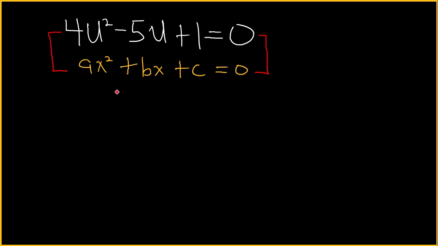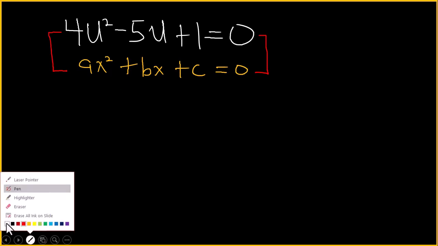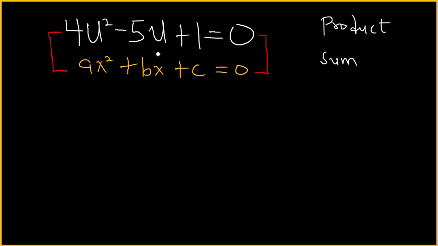Now we are going to find the product and the sum of roots. With the product, we multiply the coefficient of x squared, here u squared, which is a, and it's also 4, by the constant term c, which is 1. The result is 4.